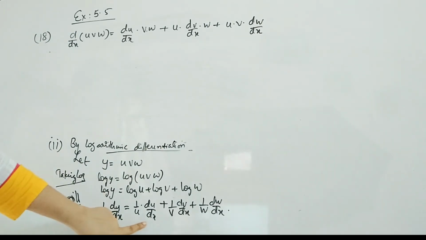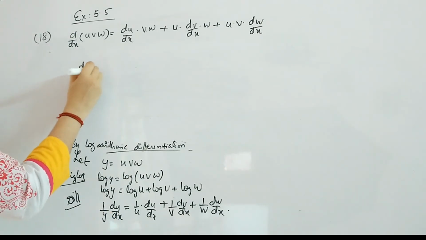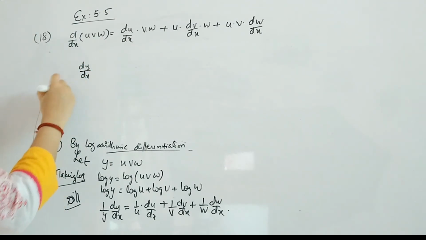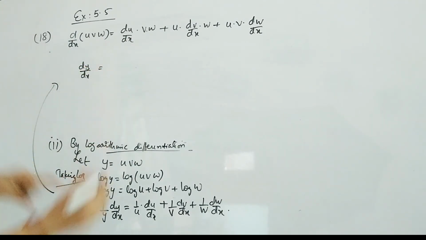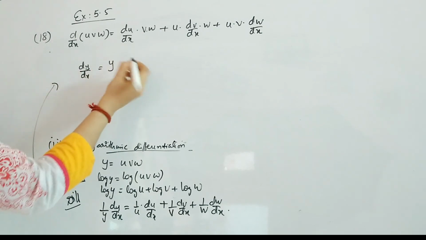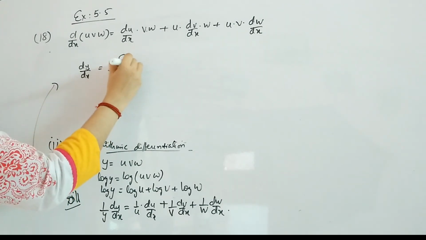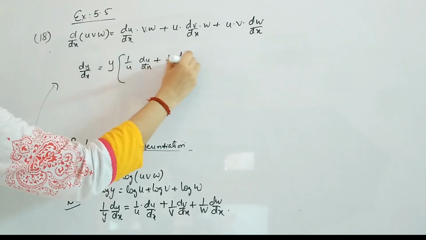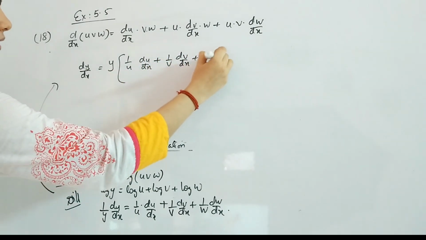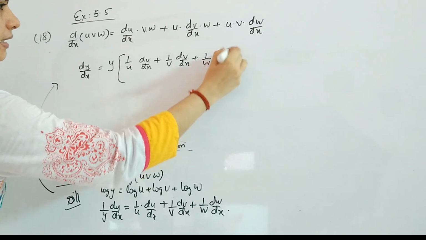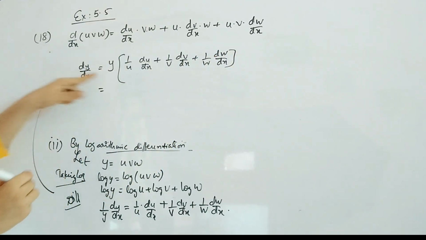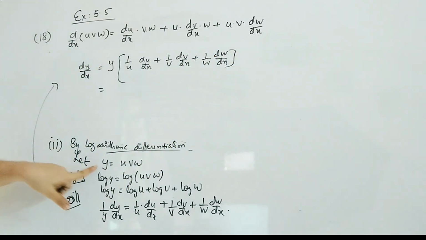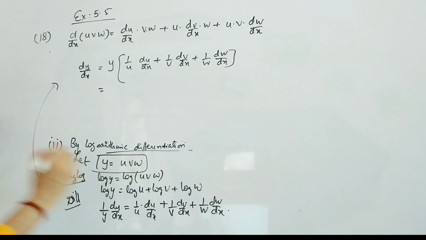Now this will become dy by dx equal to y into 1 by u into du by dx plus 1 by v into dv by dx plus 1 by w into dw by dx. What is y? uvw. We have taken y as product uvw.